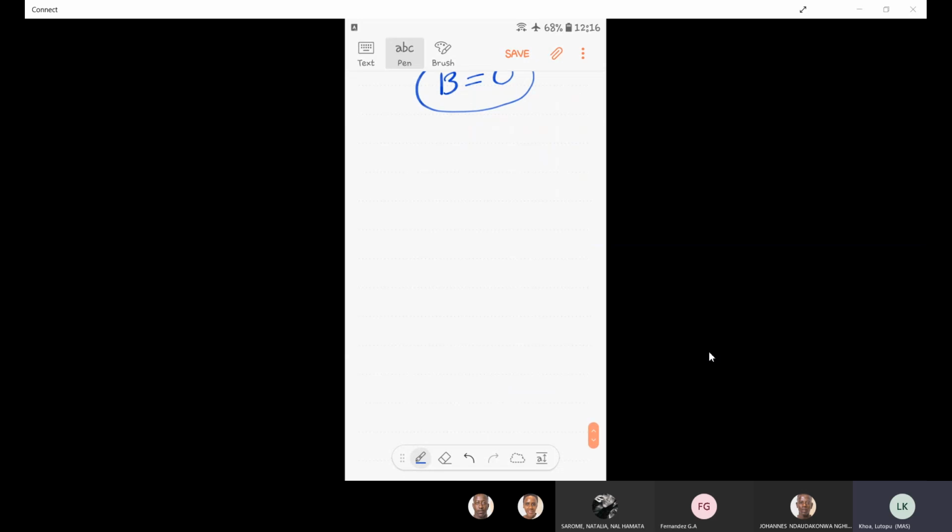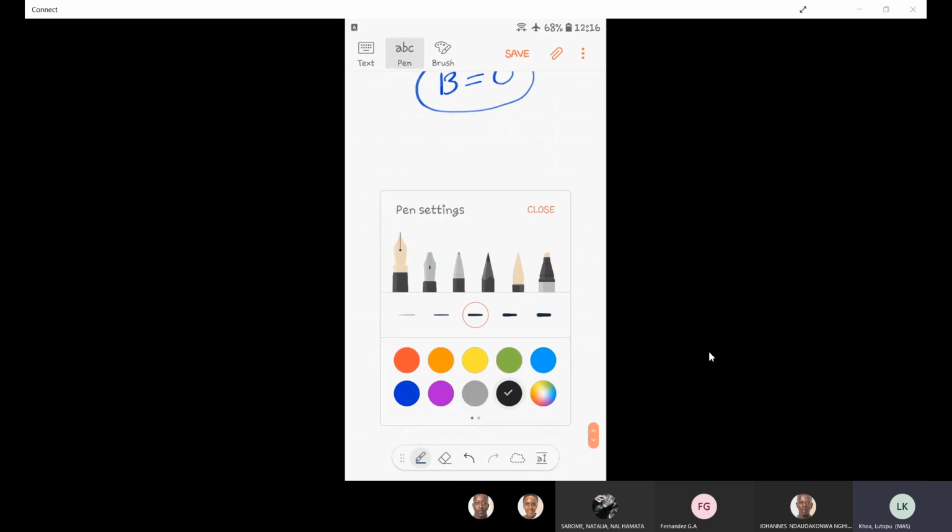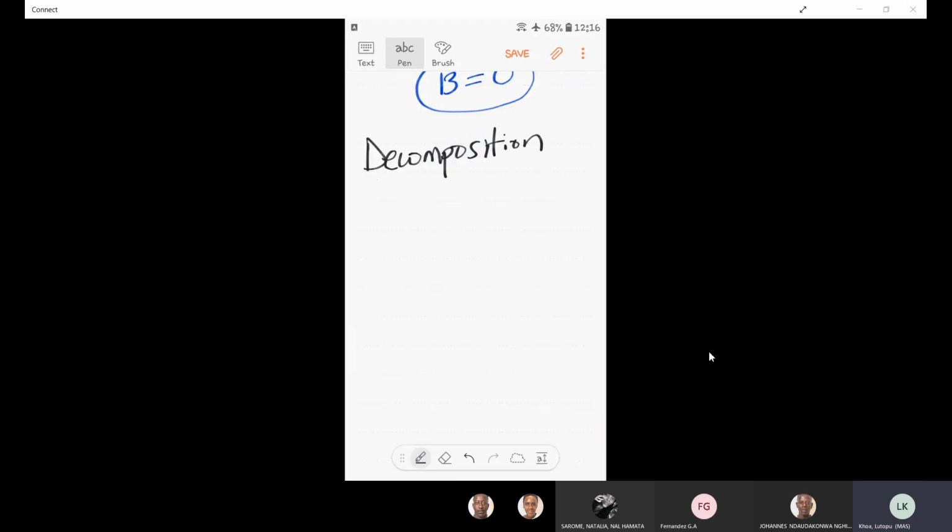Then I can rewrite it decomposed. So the decomposition, I have A over 3x plus 1, then I had B over 3x plus 1 squared, and then I had C over 3x plus 1 cubed.